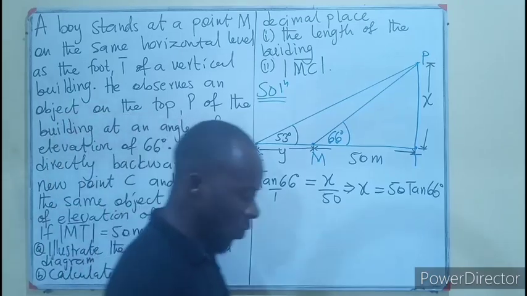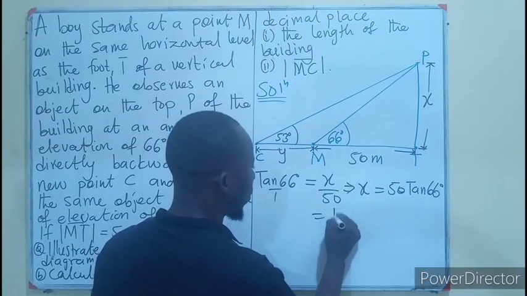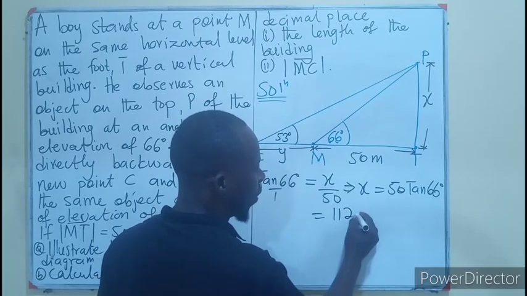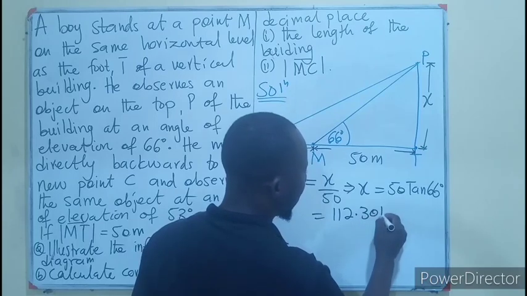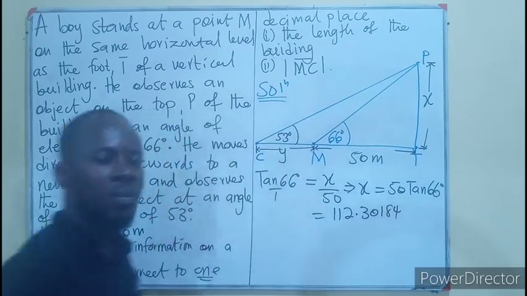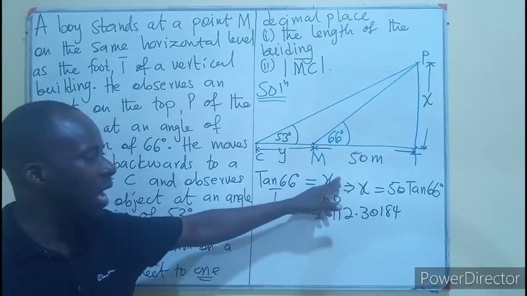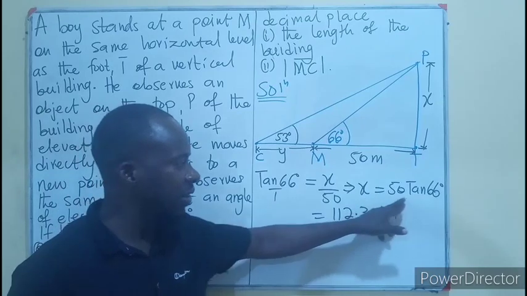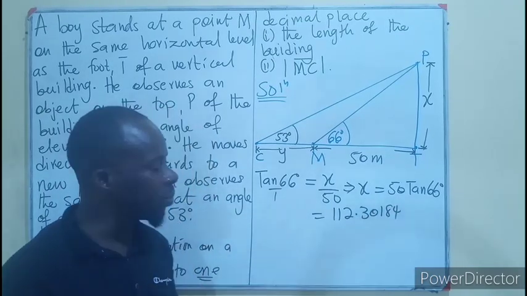And if you do that on our calculator, you have something like 112.30, that's 3014. That is going to be the length of what? X. The value of X will be 50 times tan 66 by multiplication.